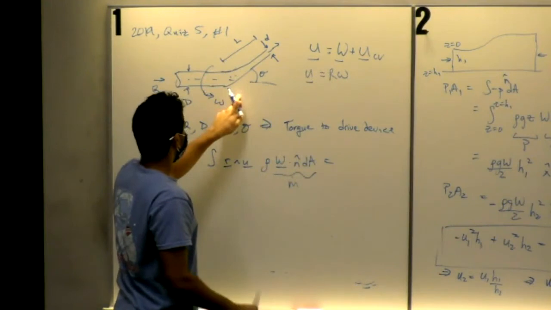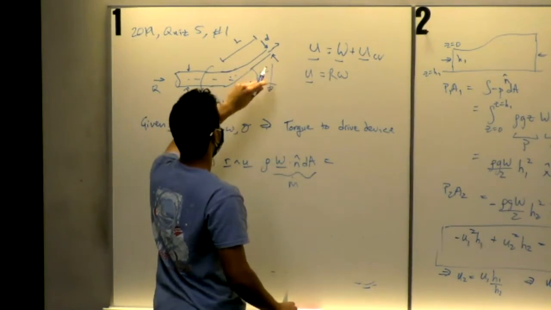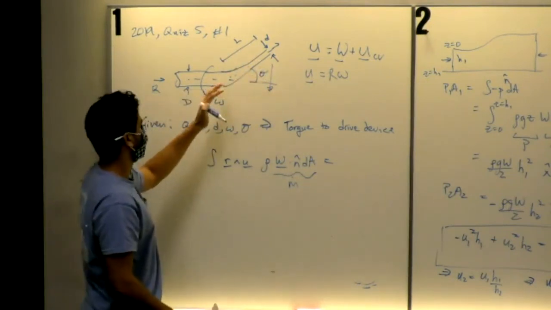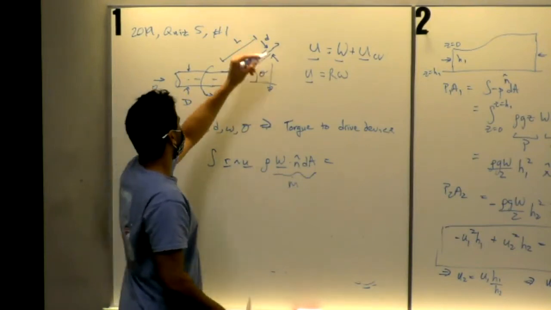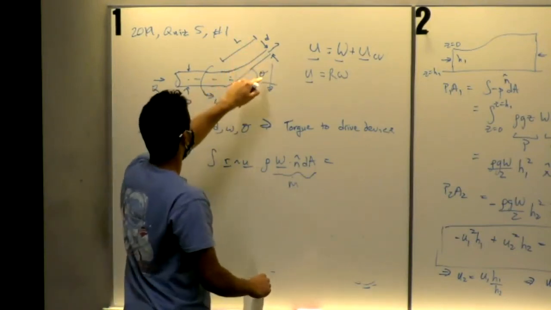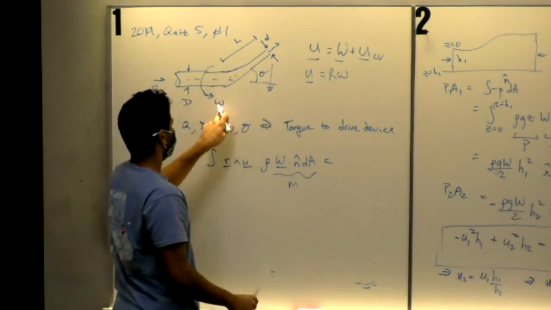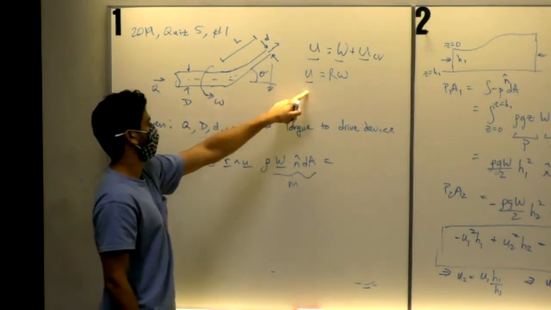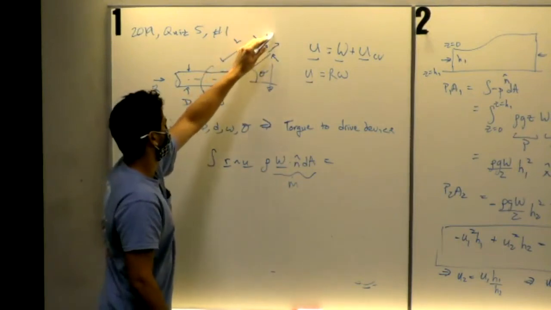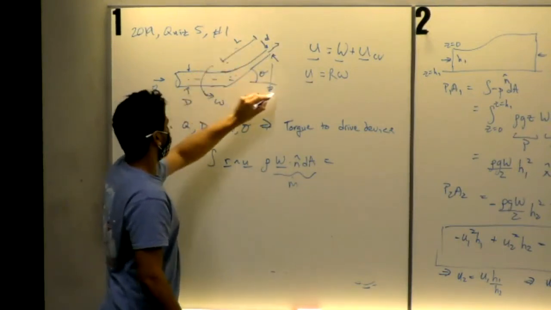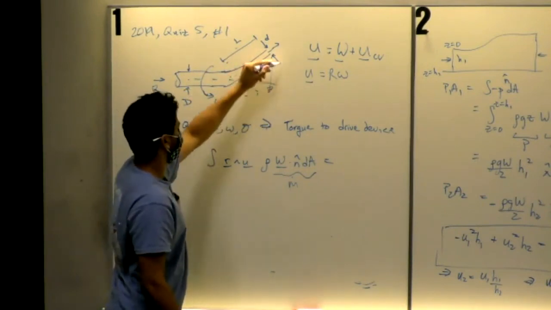You don't care about the horizontal, so omega would be going this way. Looking at this portion, you would need the sine term, because the sine term is vertical.